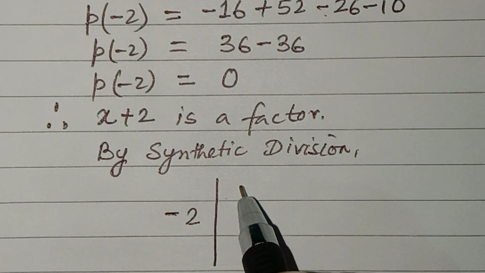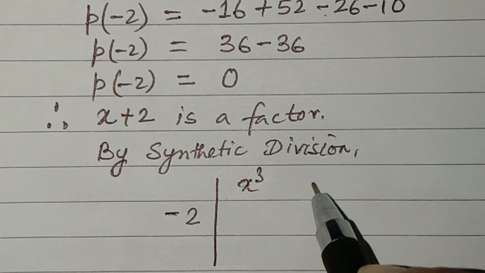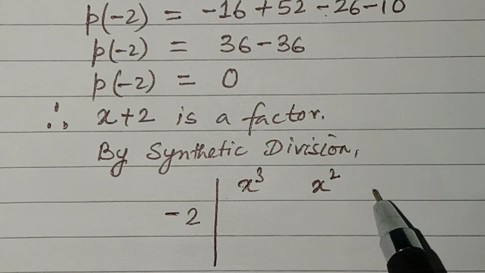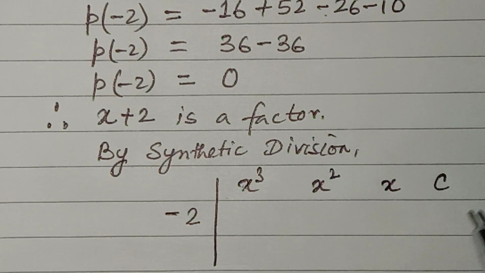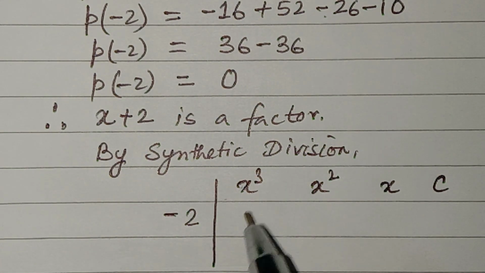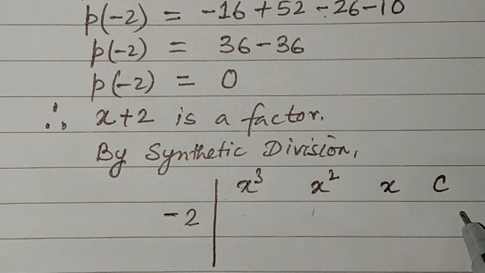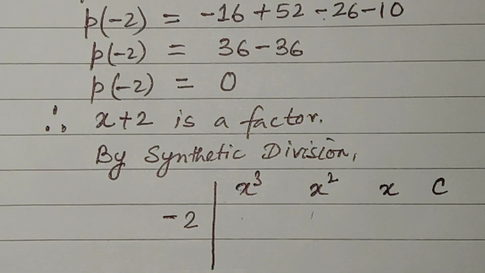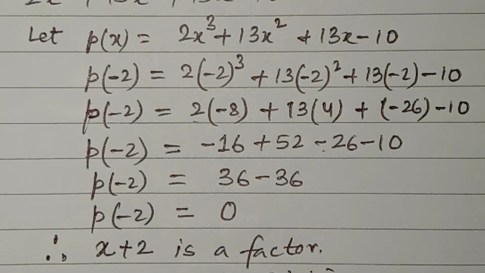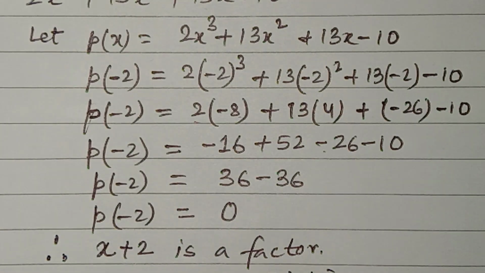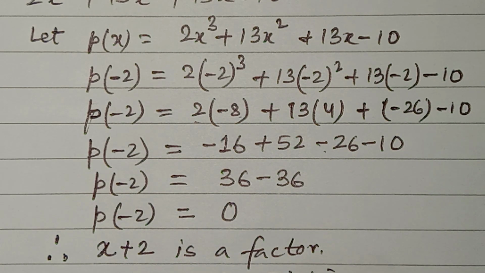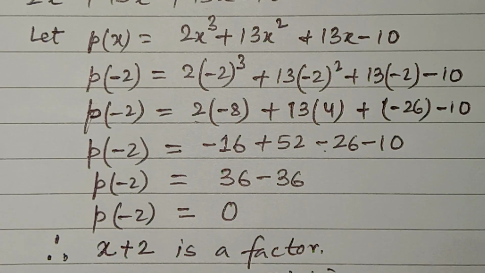Now the coefficient of x cube, coefficient of x square, coefficient of x, and the constant term. I'm going to write them down here. The coefficient of x cube is 2, the coefficient of x square is 13, the coefficient of x is 13, and the constant term is minus 10.